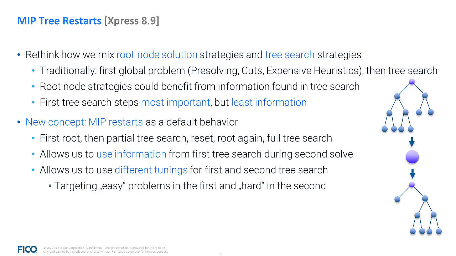The basic idea of tree restarts is to first perform a partial tree search with some light settings, addressing MIPs that require little enumeration, and then, at some point, restart from the beginning. In the second pass, you can use the information discovered and collected during the first pass to strengthen the complete problem and make more efficient branching decisions at the first nodes.